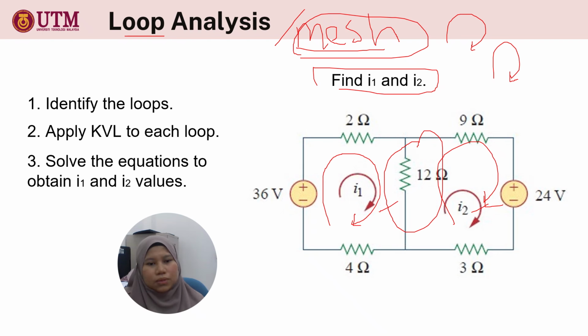And lastly, press your calculator and give me the current values. Please try by yourself. If you cannot, just comment that you cannot, Doctor, I don't understand. Try first, but if you really cannot, just tell me.